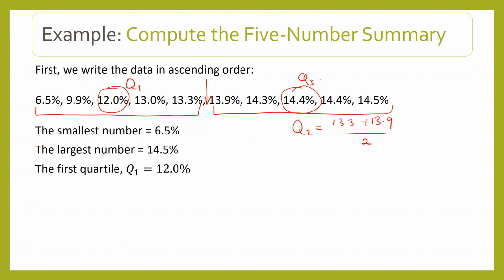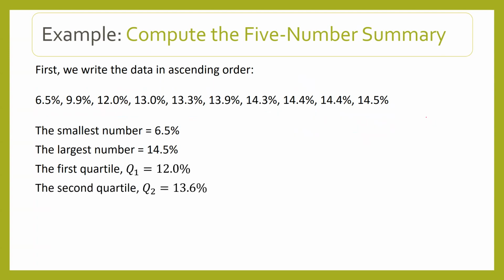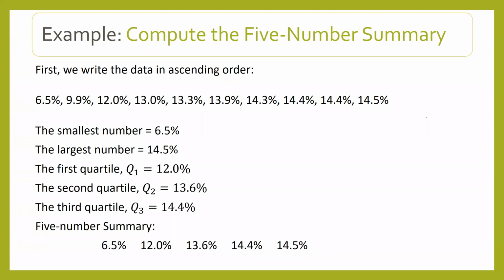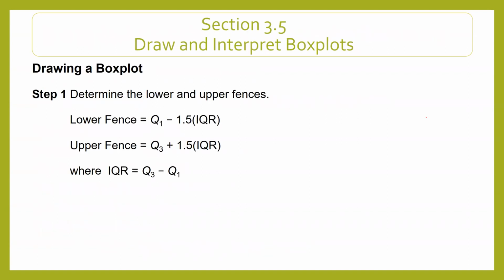This is Q1, this is Q3, and the Q2 is what we get here, which is 13.6. All right, so we have all the 5-number summaries: 6.5, 12.0, 13.6, 14.4, 14.5%.